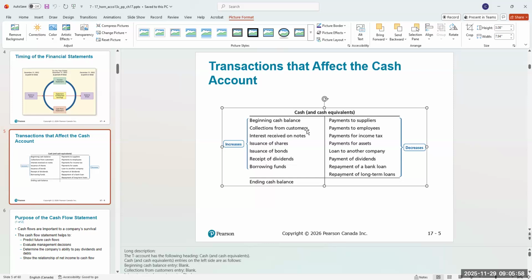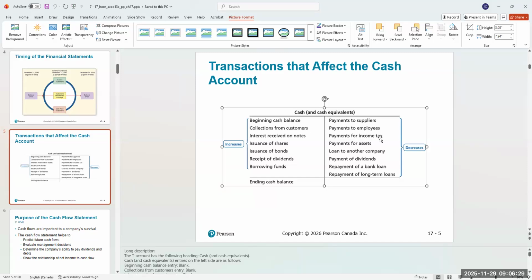Now, where does the cash go? So many activities. First will be operating activities. We have to pay our suppliers, our employees, our income taxes. Then we're going to go with the capital purchases, which will be the assets. We may give a loan to another company, or we may pay dividends to our shareholders to make them happy, or we can repay the bank loan that we already borrowed, or the long-term debt that we also borrowed in terms of bonds if we issued bonds.